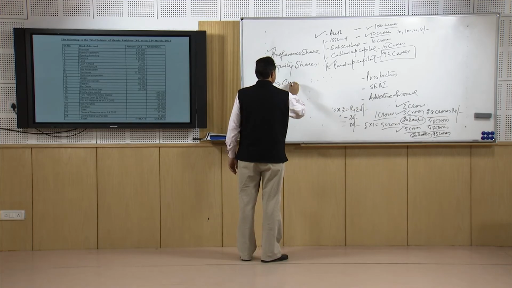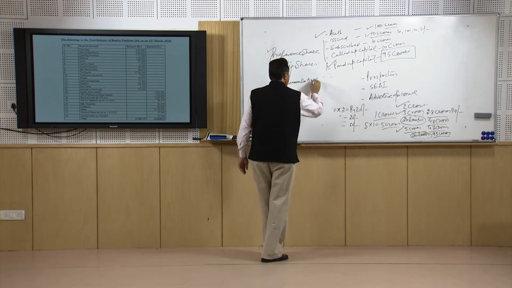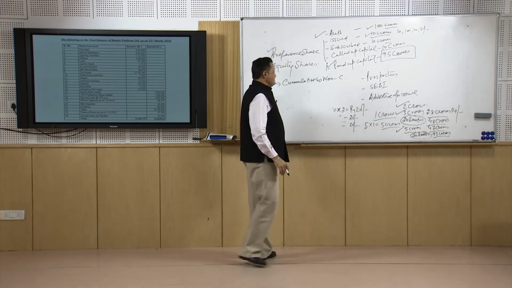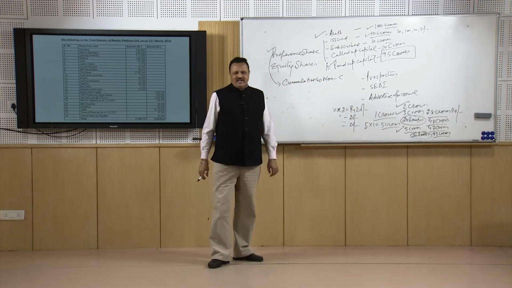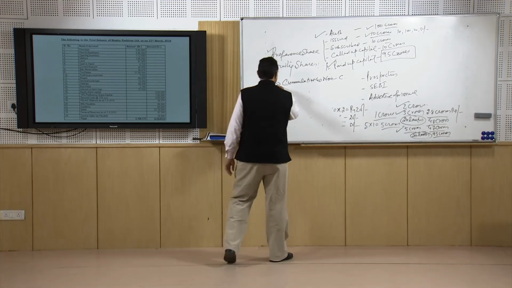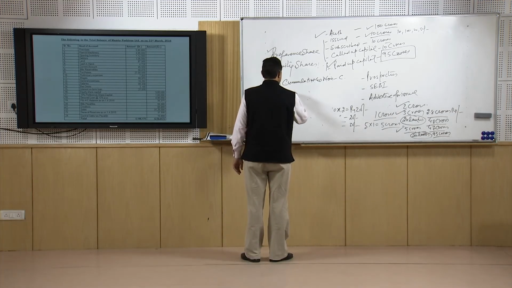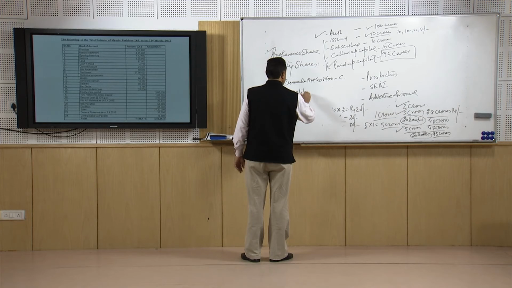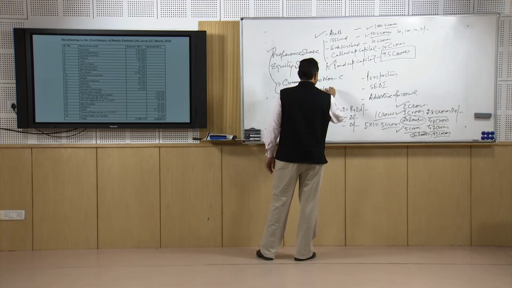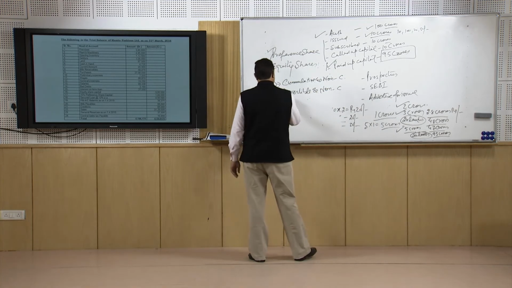cumulative and non-cumulative preference shares. Second category is convertible and non-convertible preference shares.